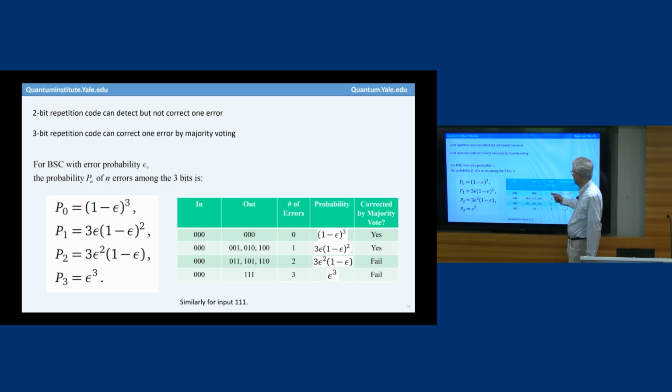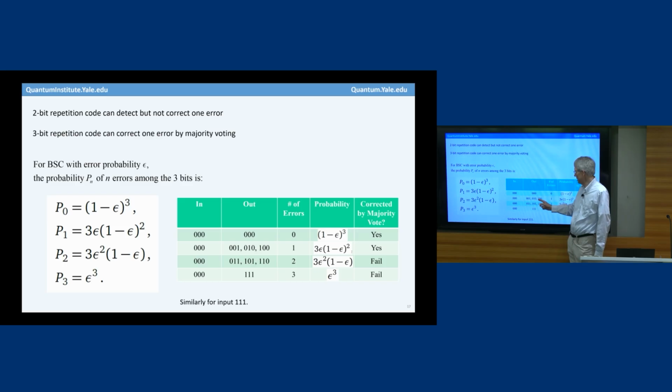Sometimes there are no errors. That occurs with, I've switched from p to epsilon here. Sorry. 1 minus epsilon cubed, because all 3 bits have to be correct. Each is correct with probability 1 minus p or 1 minus epsilon. There are 3 different ways to have 1 error.